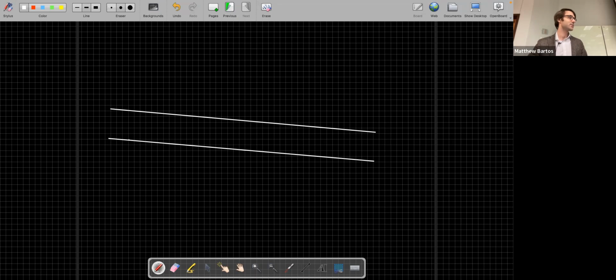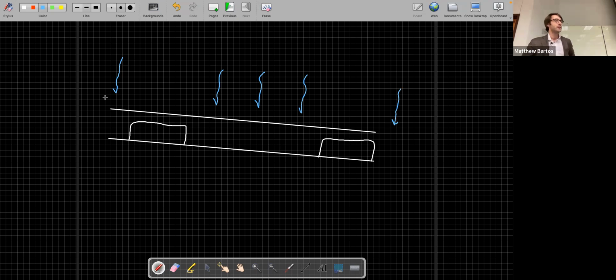If we have some curb inlets, we have rainfall falling on the street and on the area upstream of the curb. We wanted to design two different things. The first was the length of the inlet itself. What was the other part that we wanted to design? The distance between the inlets, exactly.